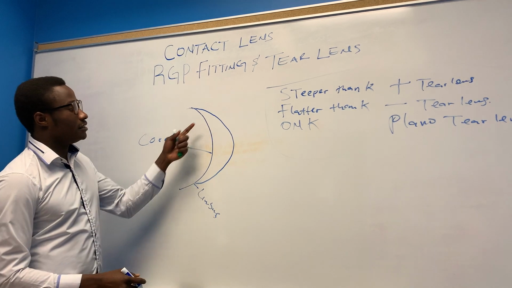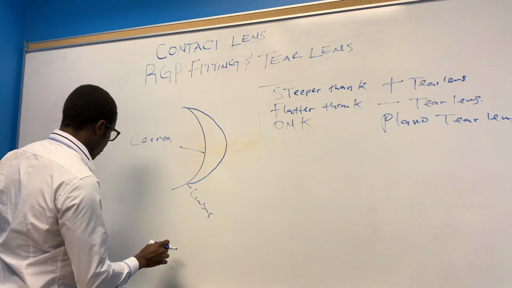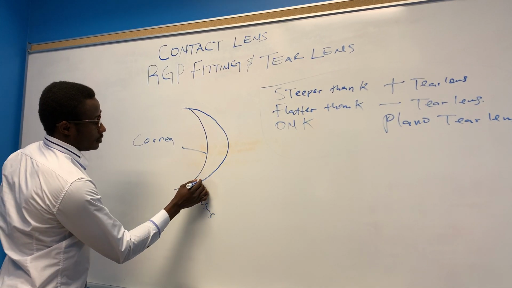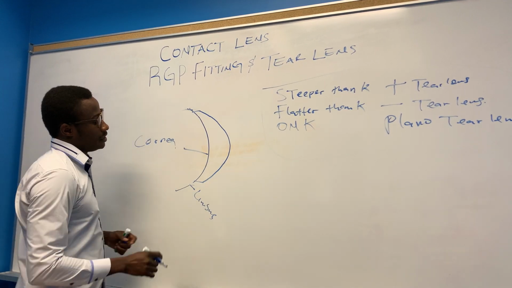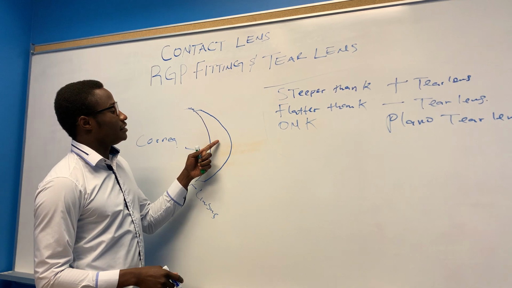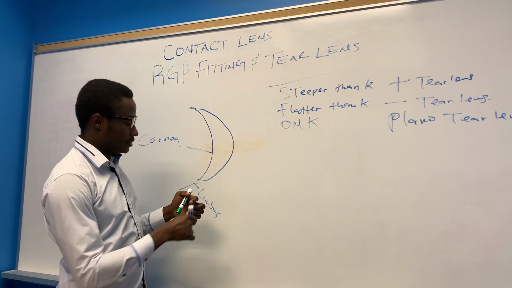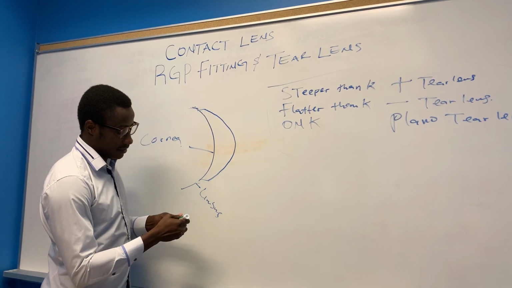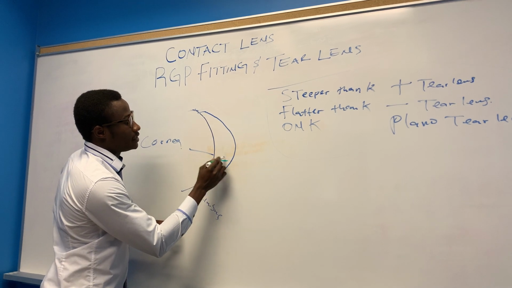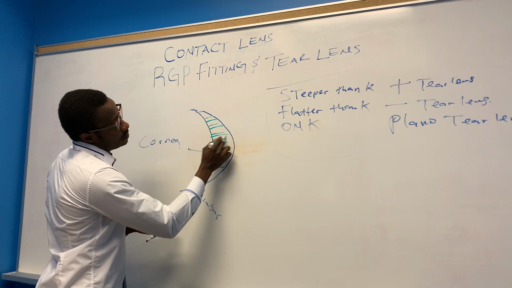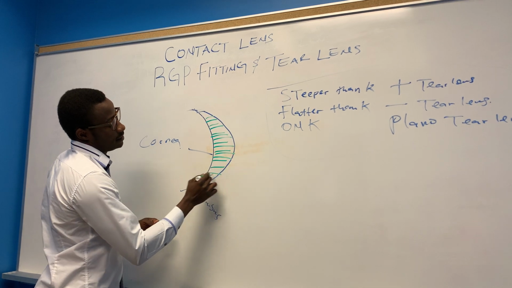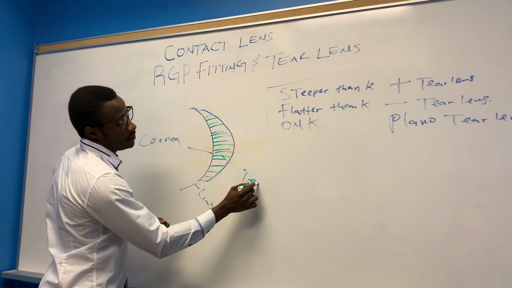So I'm fitting the RGP lens. This is my limbus here. You can see the RGP lens is much steeper than the cornea and is being filled up with a tear lens, just like I explained earlier. So these are all tears, tear film.